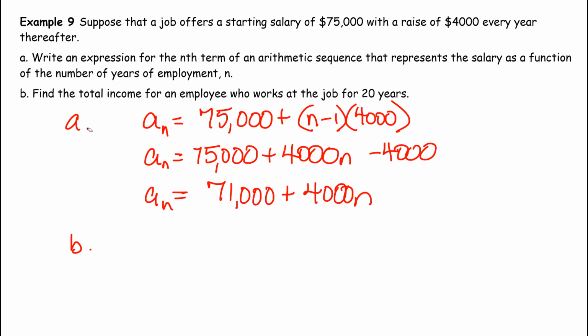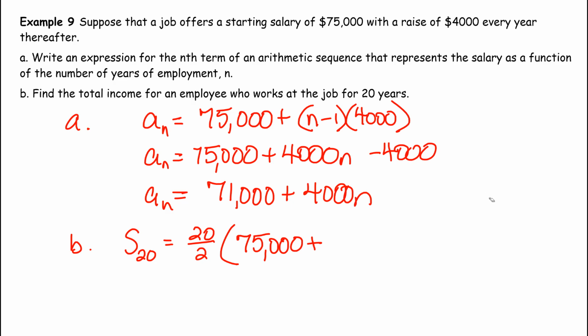So now I'm trying to find out the 20th partial sum for this sequence of salaries. And so the 20th partial sum, I'm going to add up the first 20 terms of this sequence. That's going to be 20 over 2, n over 2, times A sub 1, which we know is 75,000, plus the final salary, which will be the salary at 20 years.